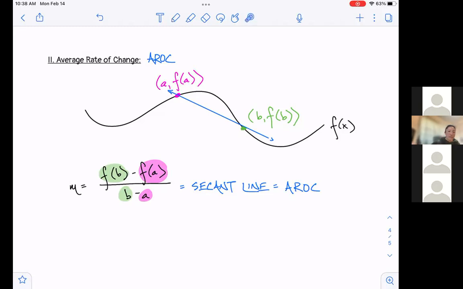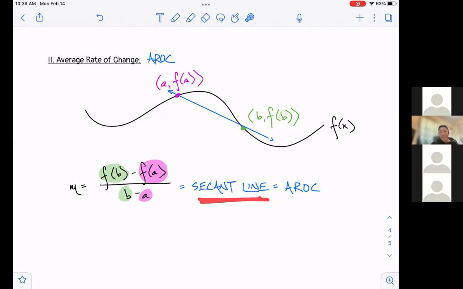So in all those pictures that we looked at before, and I would encourage you to go back to those pictures, maybe during the break or maybe later, every single time I was like, here are these 2 points, I want you to find the slope of the line between them, I was secretly saying, can you find that average rate of change? Or can you find the slope of the secant line?